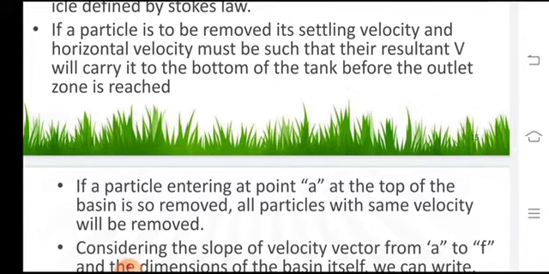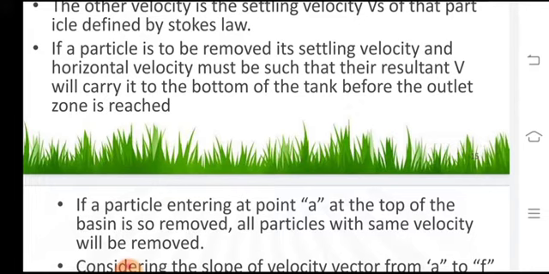In this case, if you observe, there are two velocities involved. First of all is the horizontal velocity, which is actually equal to the flow of our wastewater in the forward direction towards the outlet. At the same time, there is a settling velocity which is influenced by Stokes law, which would include only the gravitational force.